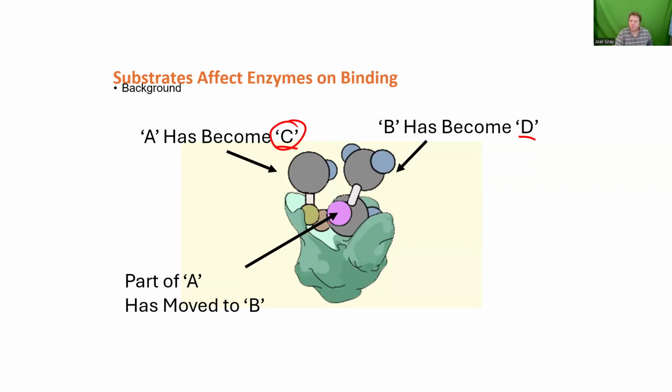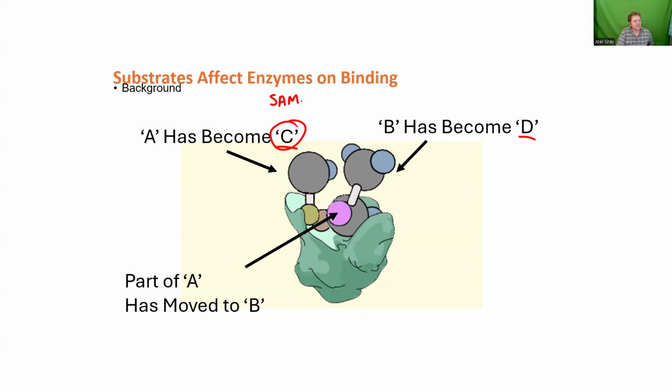But it might be helpful for you to think about what that magenta ball is. Let's just think about it as a methyl group. So we have a methyl group that's moved from substrate A, and now substrate B results. And if you need an example of a methyl group, there is a molecule that maybe you've actually seen at HEB or something like that, SAM.